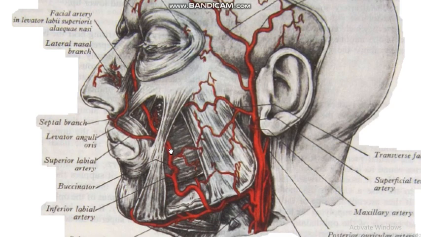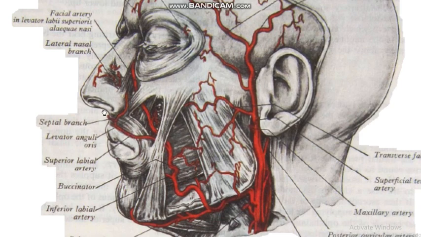And then again we go along the facial artery. The facial artery has gone deep to the zygomaticus major, and again you can find that it has gone deep to the levator labii superioris, and it has given a superior labial branch. Now this superior labial branch supplies the upper lip, and again it is between the mucous membrane and the muscle bulk of the orbicularis oris.